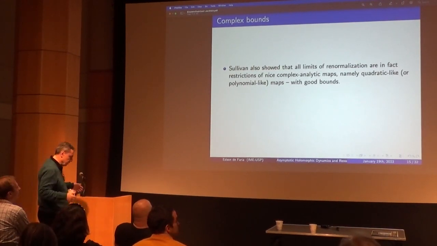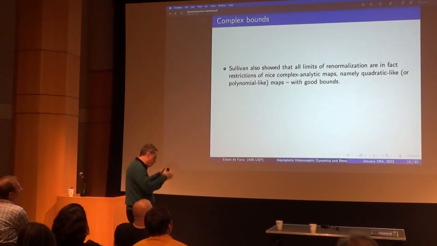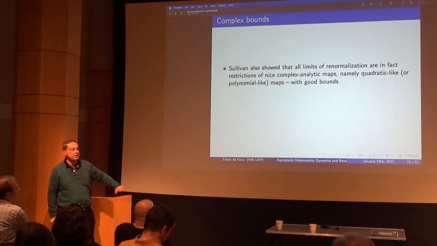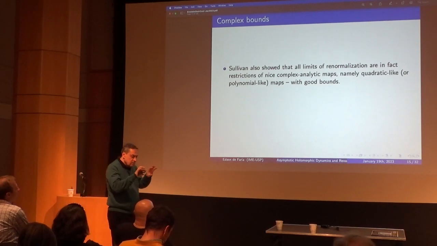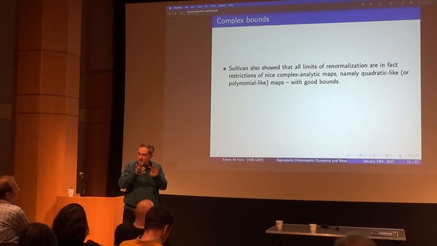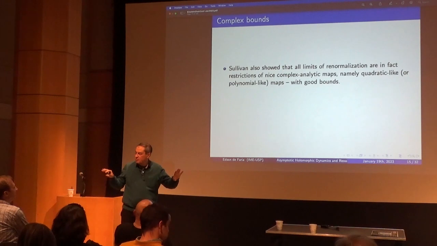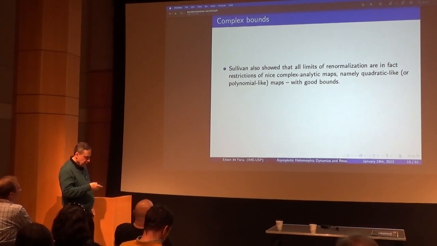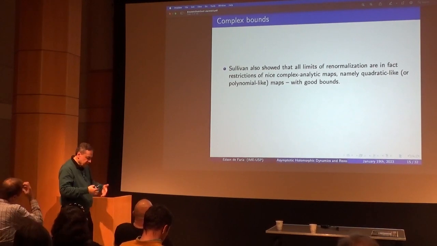So Dennis also went much beyond that. He also proved something called the complex bounds. So imagine now that your maps are real analytic. You look at the complex analytic extension to a neighborhood of the interval in the complex plane. You can start playing with that, and you can renormalize in the same sense.